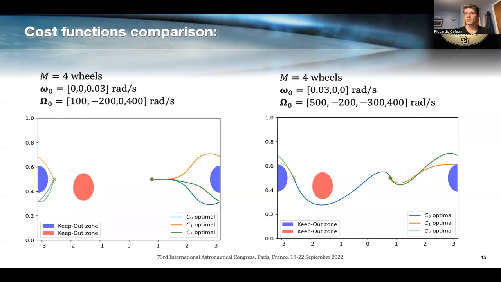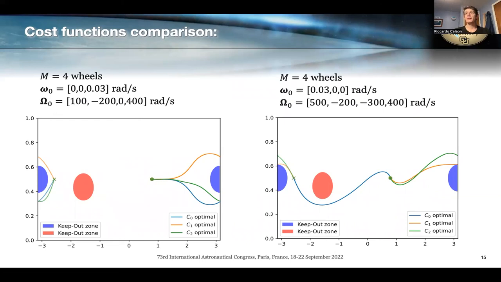In this case, however, the initial angular rate of the spacecraft is directed towards the x body axis of the spacecraft. And we can see here that the cost functions C1 and C2, so the new ones, basically have the spacecraft steer downwards and then from left to right, whereas the solution computed using the old cost function C0 goes in the opposite direction.